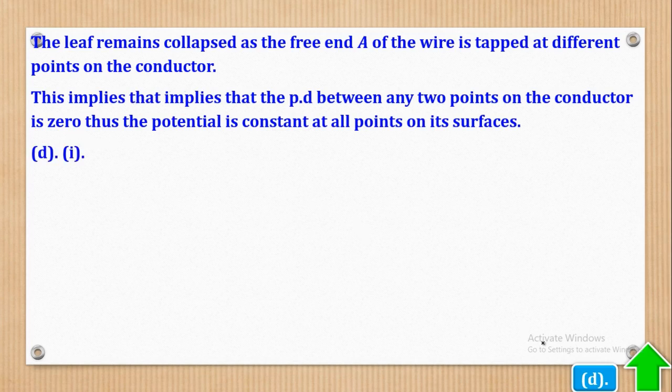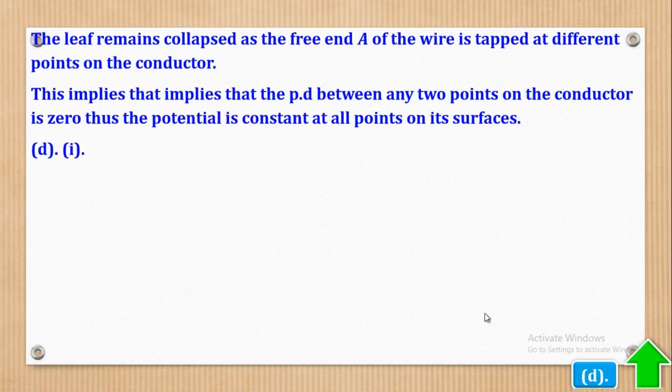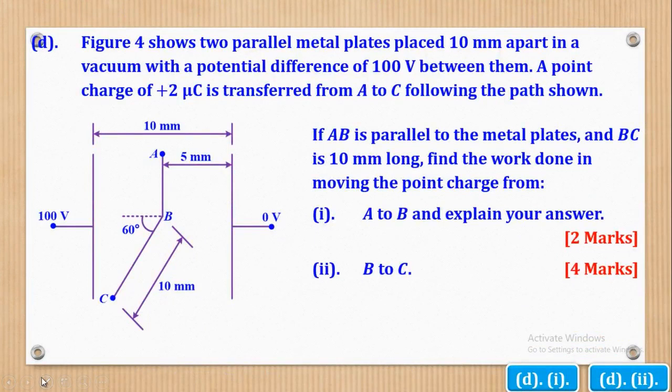Now we shall go to part D. Part D says figure 4 shows two parallel metal plates placed 10 millimeters apart in a vacuum with a potential difference of 100 volts between them.